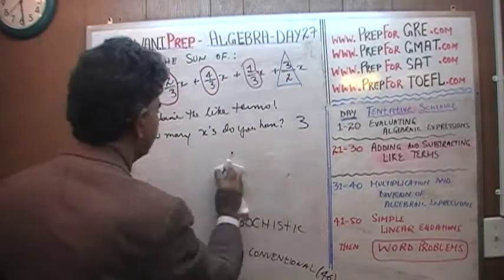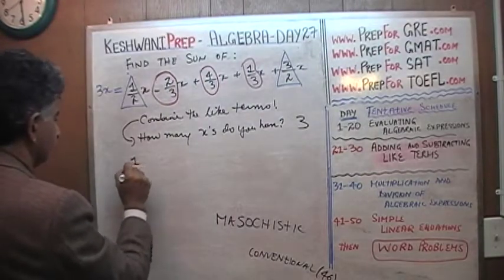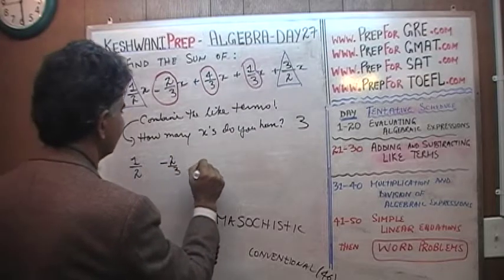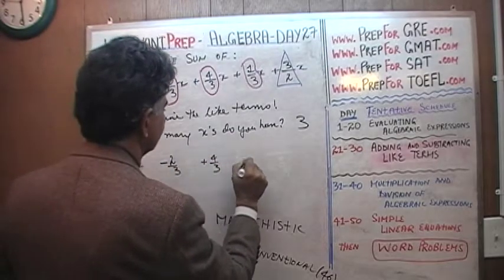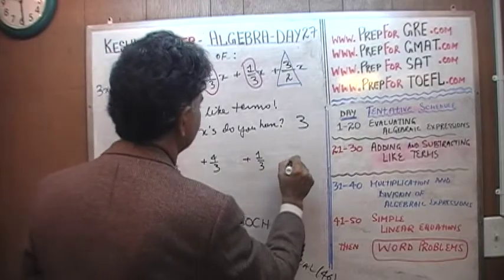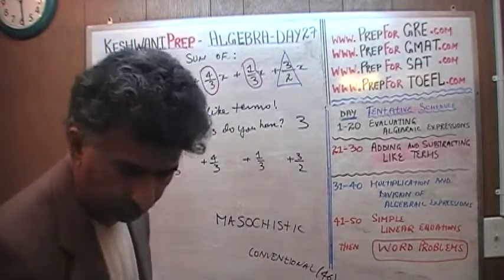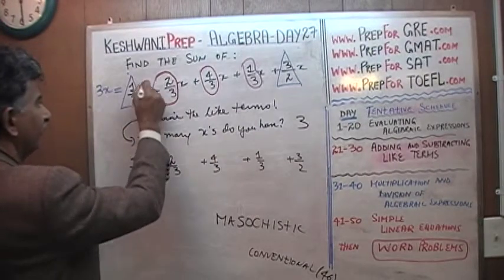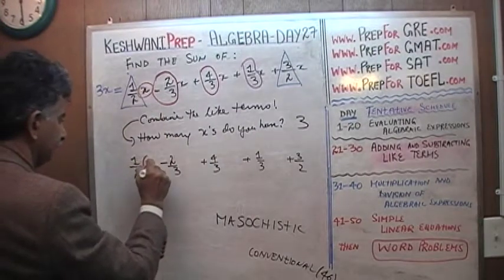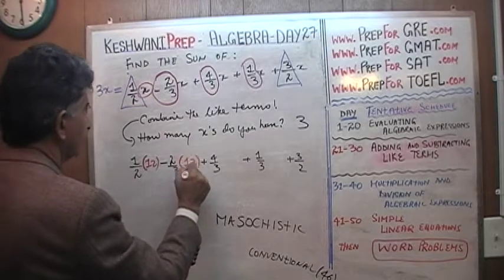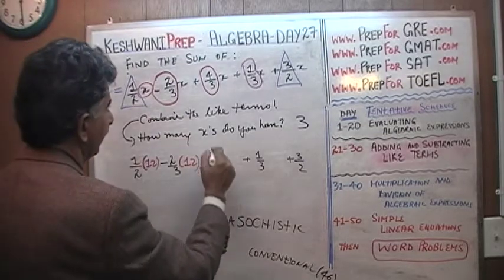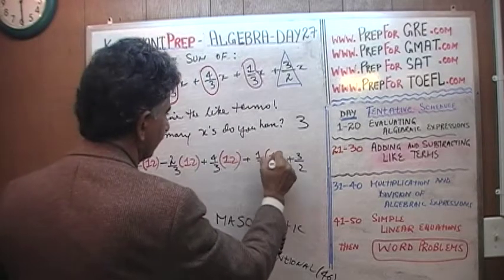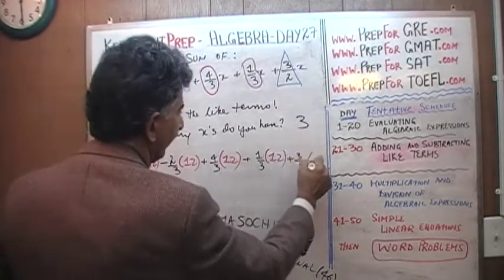Okay, watch what happens. We're going to replace x with 12. Negative 2/3 x, positive 4/3 x, 1/3 x, and 3/2 x.